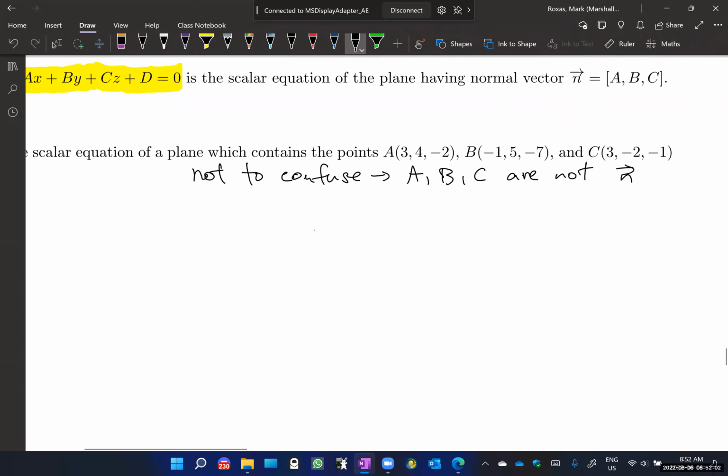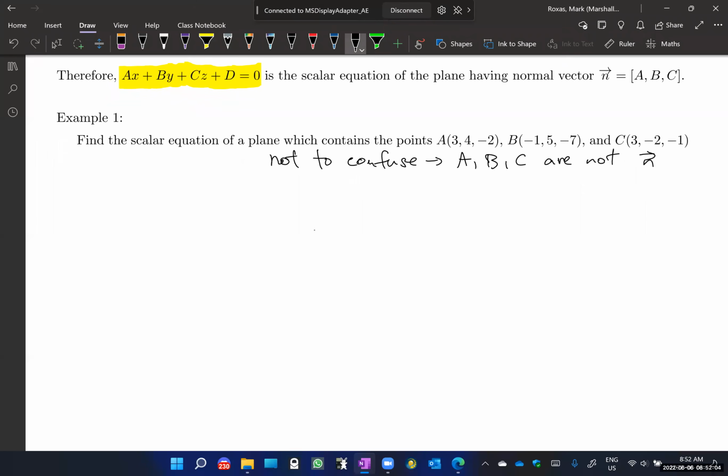All right. So scalar equation of the plane. I need a normal vector to define the scalar equation, right? To get a normal vector, think about what a plane has. Let's draw a picture of a plane. Here's a plane, and I'm going to define 3 points on that plane.